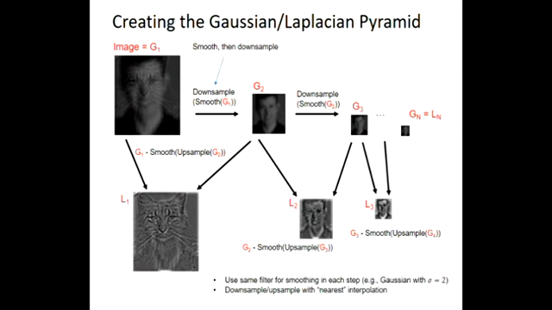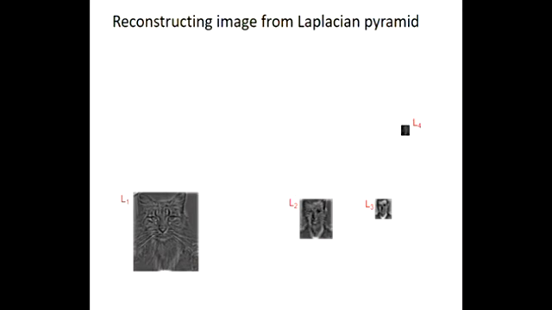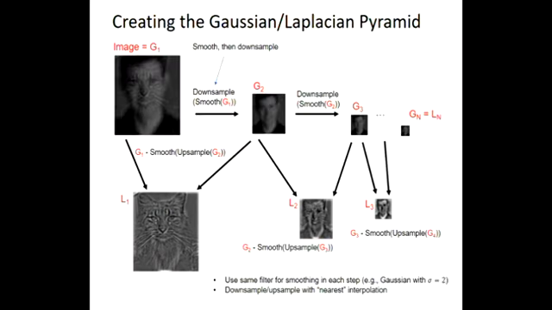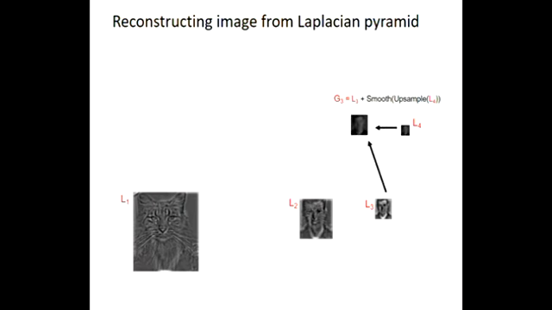Then when you create an image from the Laplacian pyramid, you start with, in this case, a 4-level pyramid. You start with L4, which is the same as G4, upsample and smooth it. Then when you add that to L3, it becomes exactly G3. That's because L3 was defined as the difference between G3 and the upsampled, smoothed L4.